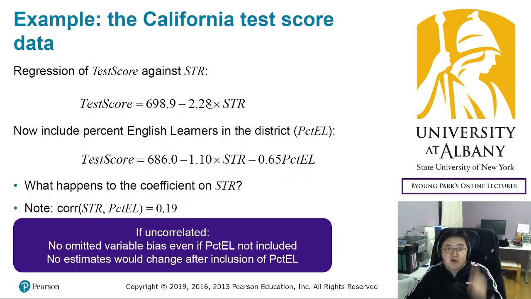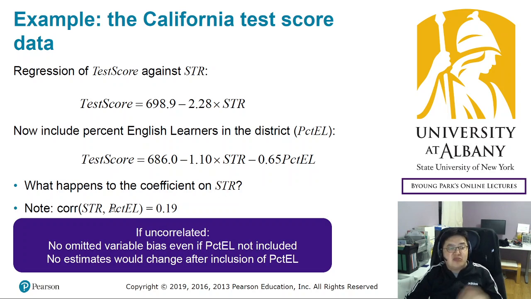Because remember, the difference is the omitted variable bias. And if there was no omitted variable bias, there would be no difference. The intercept may be different, but the coefficient would not be different. So there is no omitted variable bias.